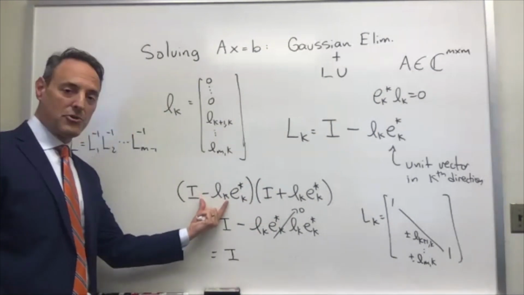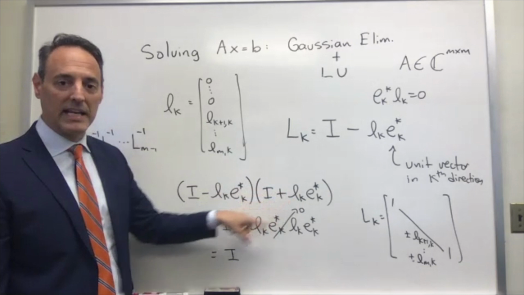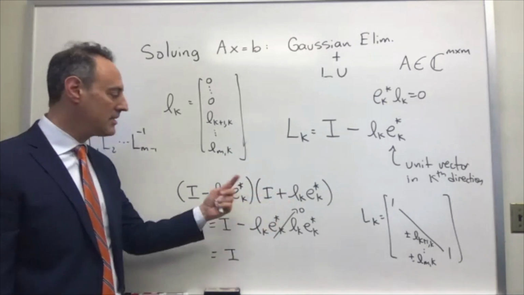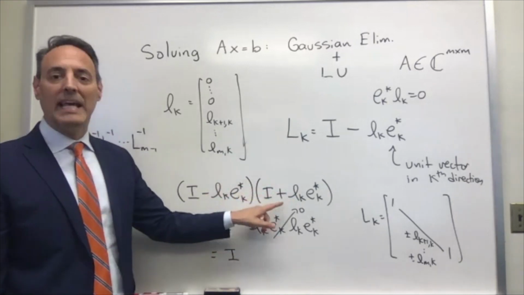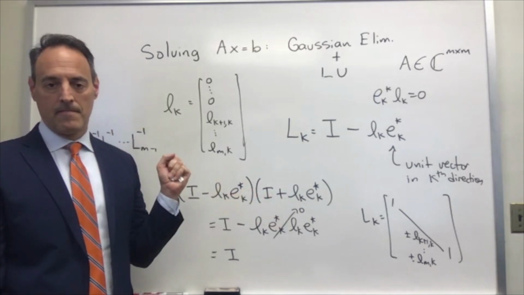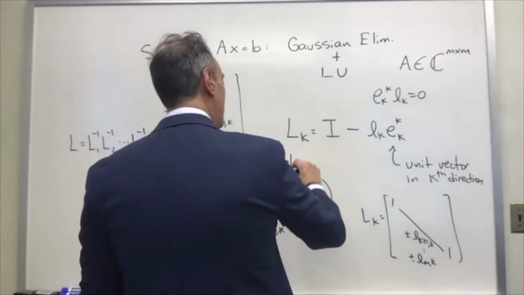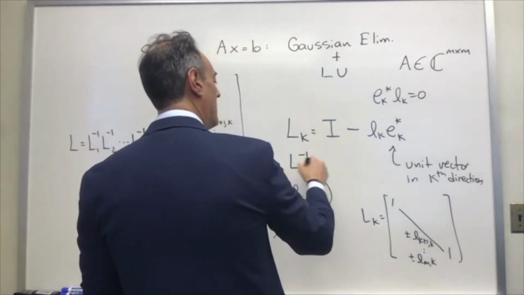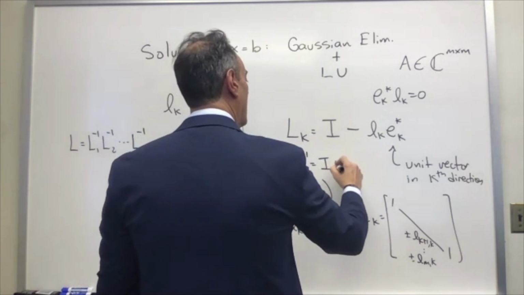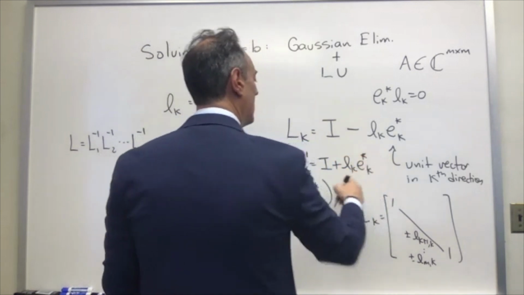So if I take a matrix and multiply it by another matrix and I get the identity, it means that this other matrix is the inverse of this matrix. In other words, the inverse of this matrix is I plus L of k E star of k.